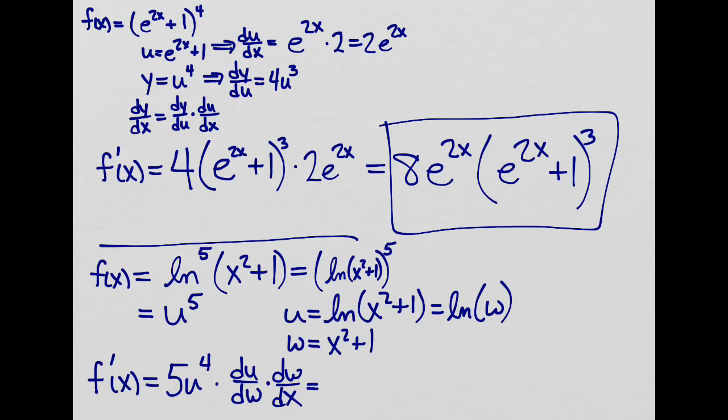So it's 5. Now what's being raised to the power? It was the logarithm of x squared plus 1. And it's being raised to the fourth power now. And the derivative of the logarithm is 1 over w. So that's 1 over x squared plus 1 times the derivative of w gives me a final factor of 2x.